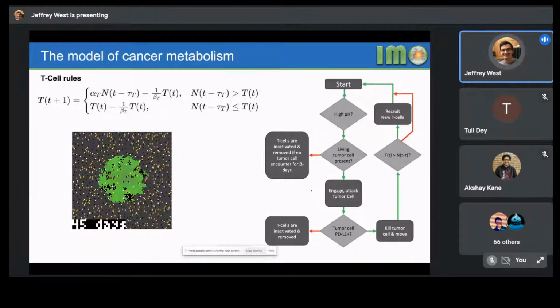So these are T cells, which are immune cells in orange here, which swarm in and target the tumor and kill tumor cells. And there are some methods for the tumor to escape the immune system, which we'll get into in a second.